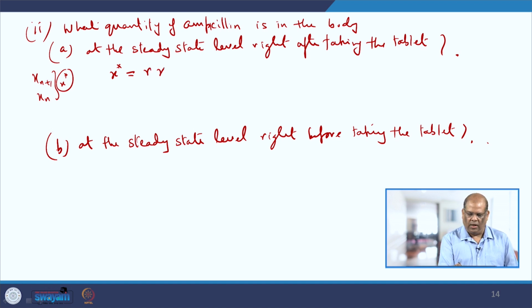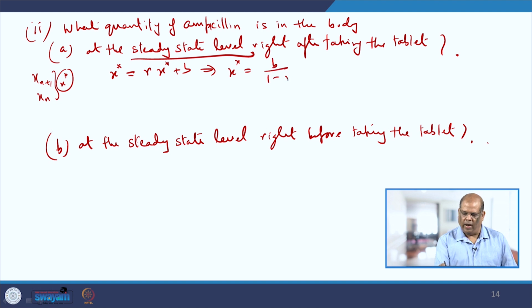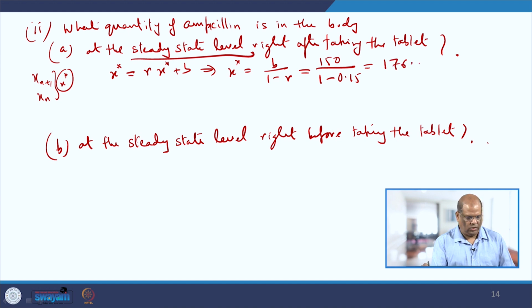So, this gives x star equal to Rx star plus B, which implies the value at the equilibrium point or at the steady state level is B by 1 minus R, which is 150 divided by 1 minus 0.15, and this value is 176.47 mg. So, the quantity of ampicillin right after taking the tablet at the steady state level is 176.47.